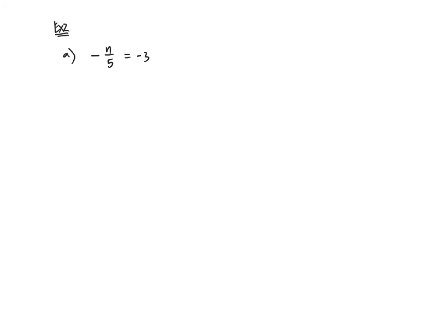In this case, I think it would be easier if we assign it to the bottom. The reason is because now I know that in order to get n by itself, the inverse operation of dividing by negative 5 is to multiply by negative 5. So I'm going to multiply both sides by negative 5. And what that does is the negative 5 times the divide by negative 5 becomes positive 1. So that leaves you with n. And then you have negative 3 times negative 5, which is positive 15.